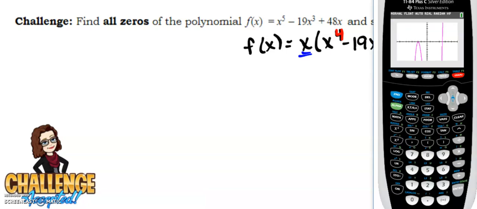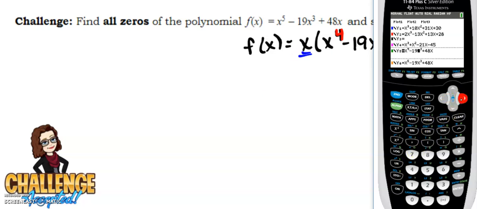So start by graphing on your calculator. You can graph the whole function if you would like, with the x to the 5th still in it, that's fine. I actually, though, want to go ahead and graph when I have taken out the 0.